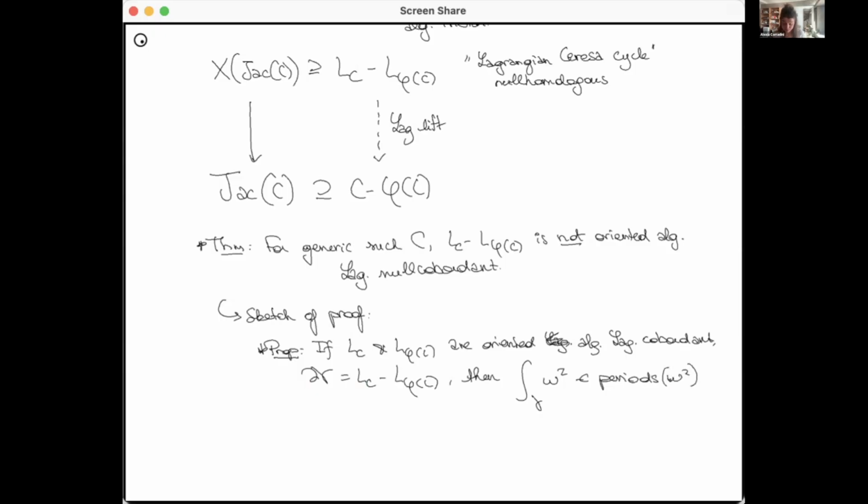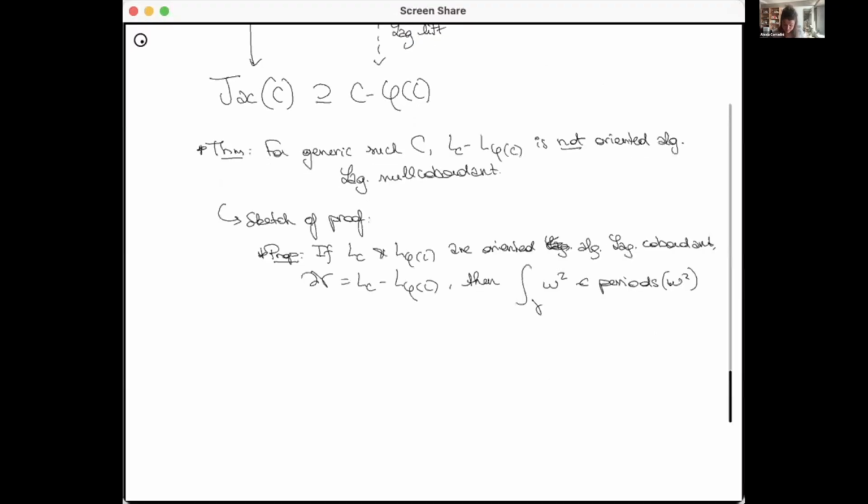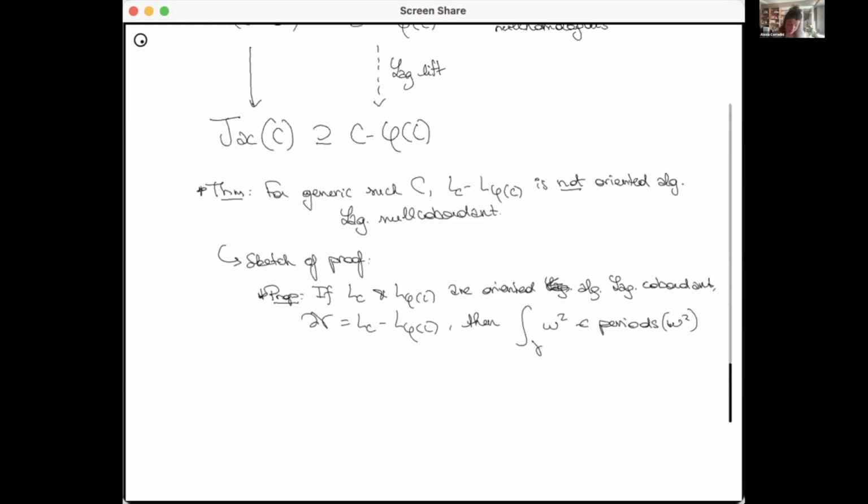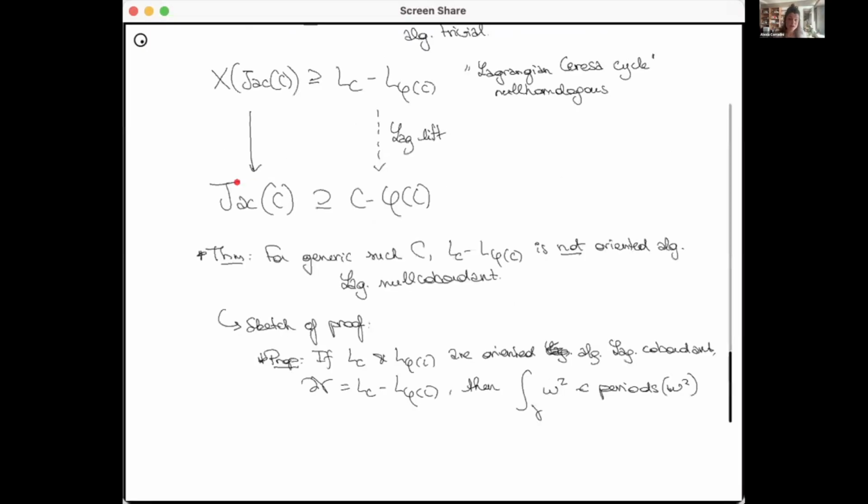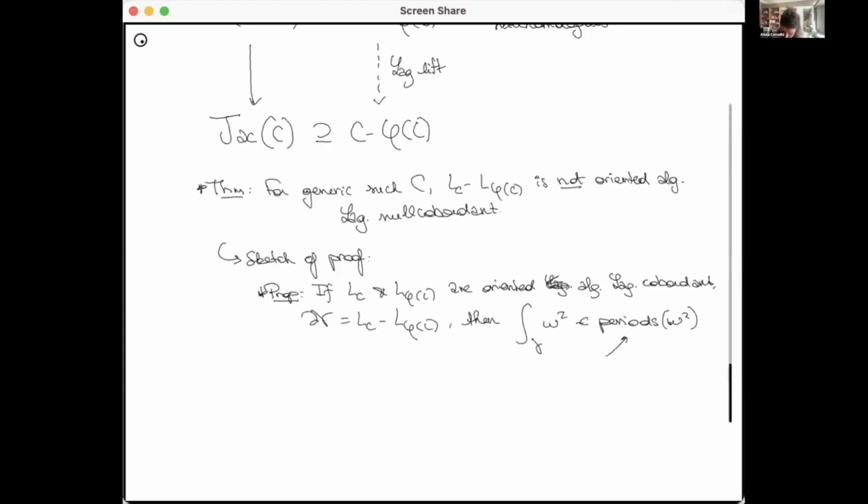So this is some discrete lattice. Because our symplectic manifold is defined from this Jacobian, and this Jacobian is defined from the curve, the periods of omega squared can be computed explicitly, and they're all expressed in terms of the edge lengths.